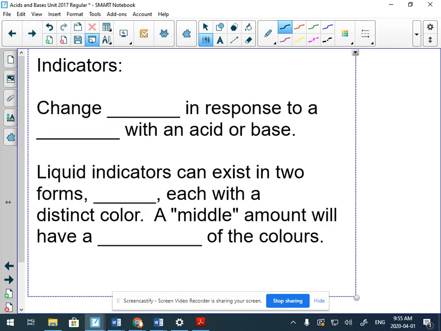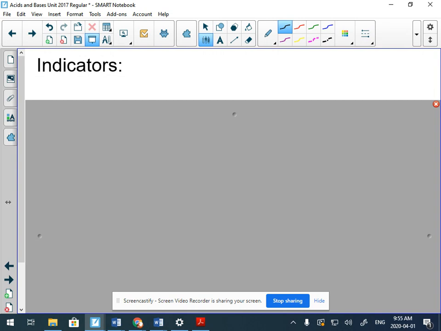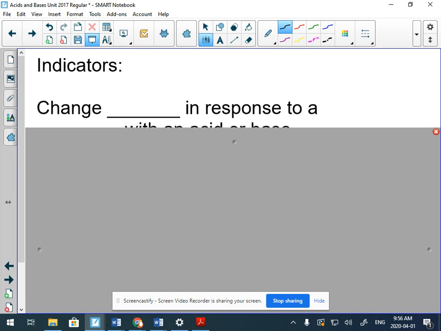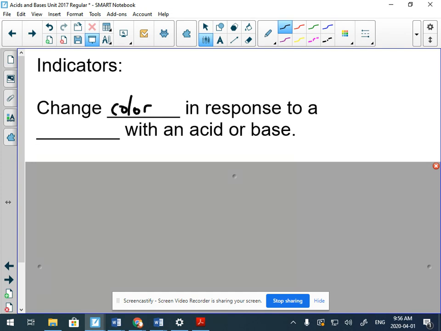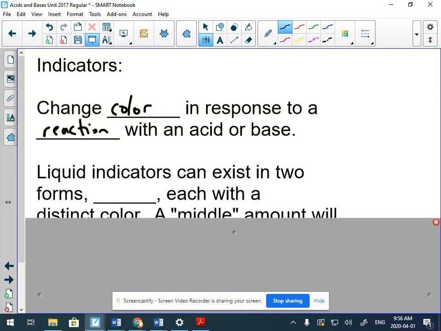So we're going to start with looking at indicators. Now, you may have used indicators in Science 10 and Science 9. What are indicators? They change color in response to a reaction with an acid or base.